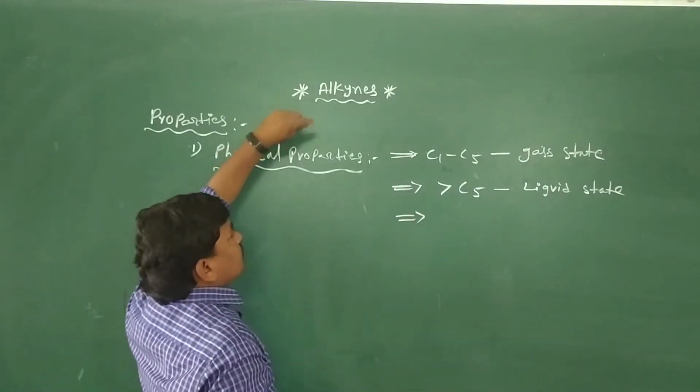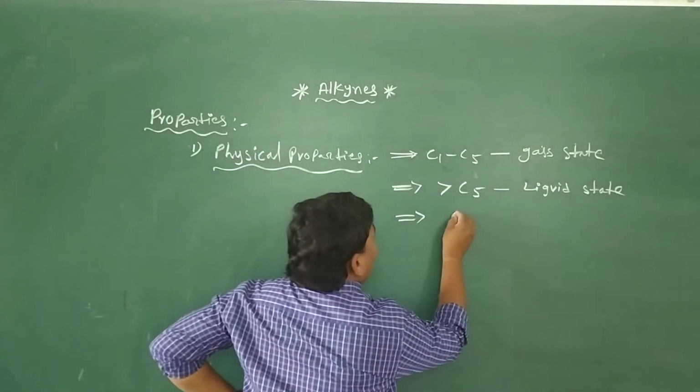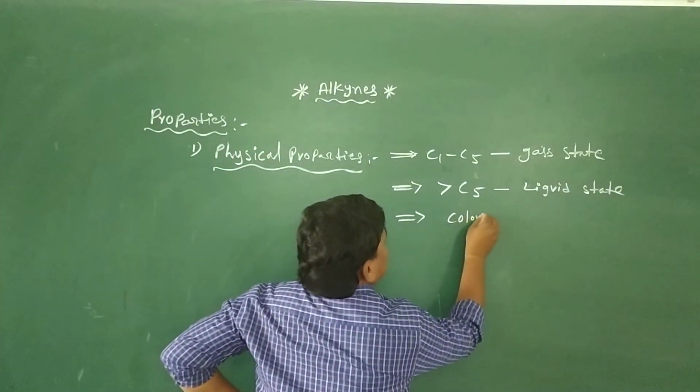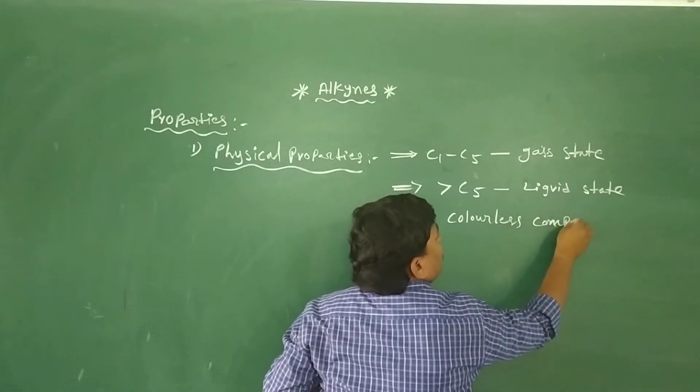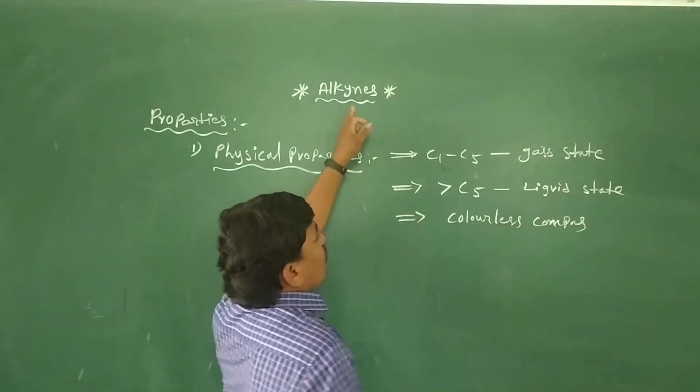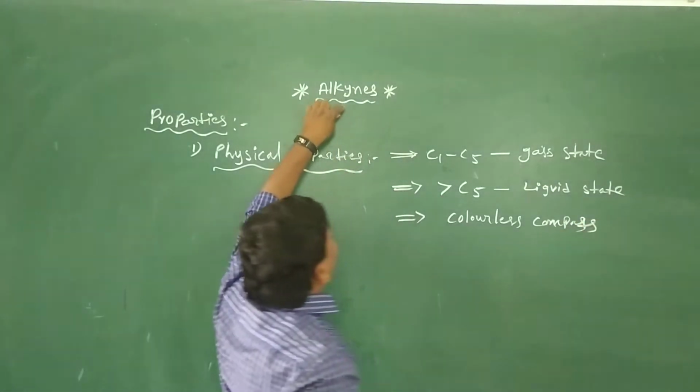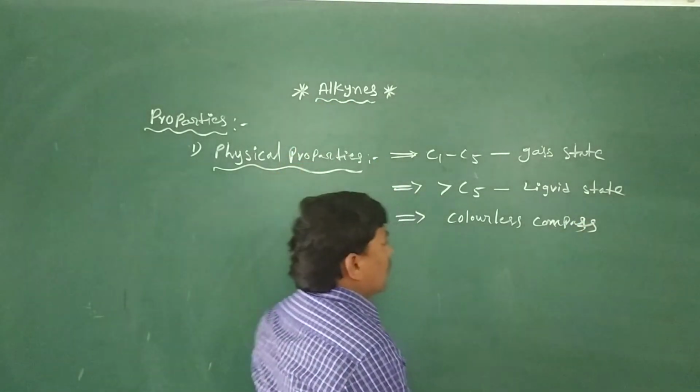Alkynes are colorless compounds. Alkynes are also odorless compounds.